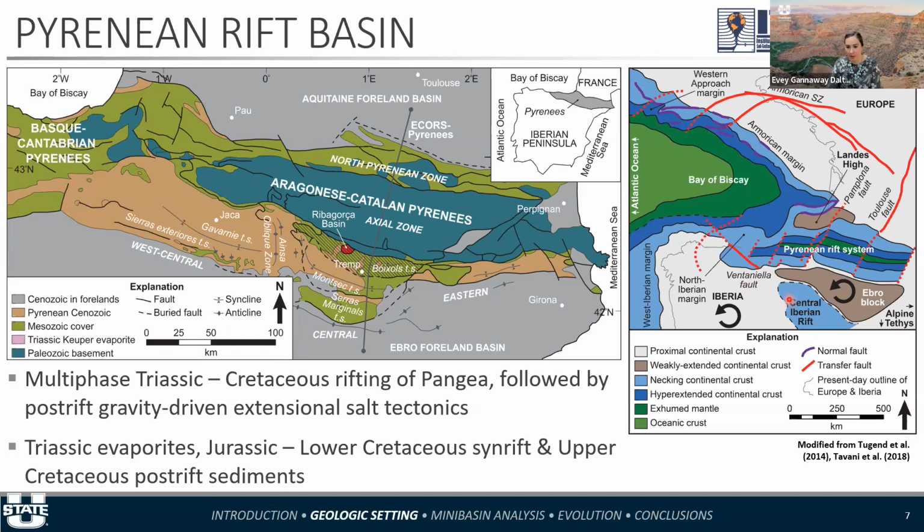During our latest stages of rifting, which would more specifically be Albian to Middle Cenomanian, the extension in the Pyrenean Rift Basin becomes very localized along this rift axis that you see here in green and blue on this diagram on the right, and very localized to this narrow domain, whereas as we go to the north and to the south, to the rift margins, the rifting there has actually ceased along those more proximal domains, shown here in light blue.